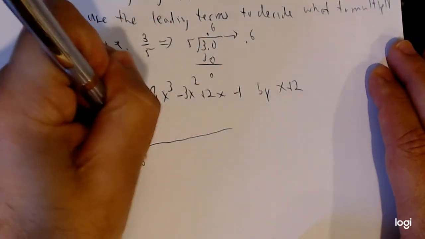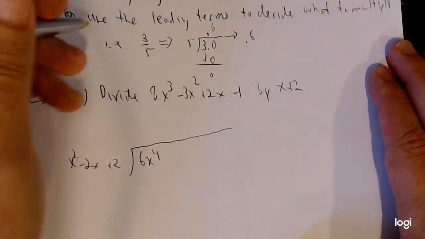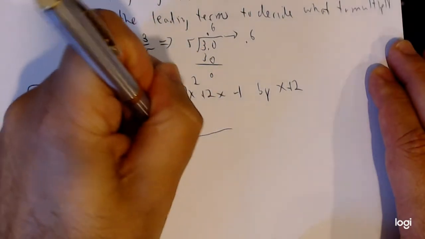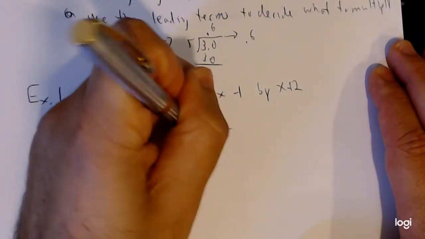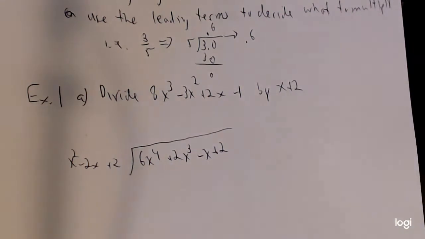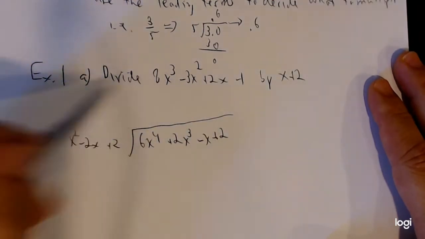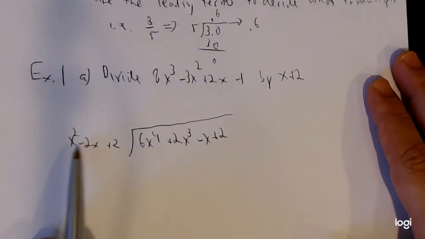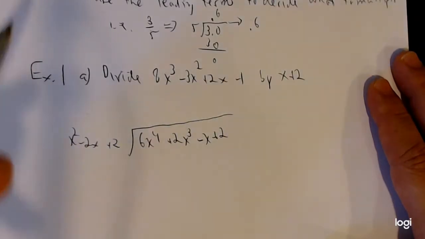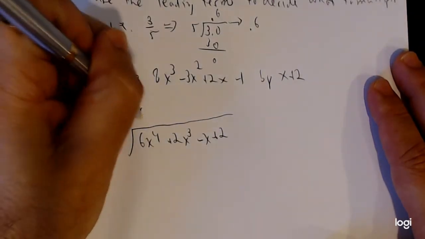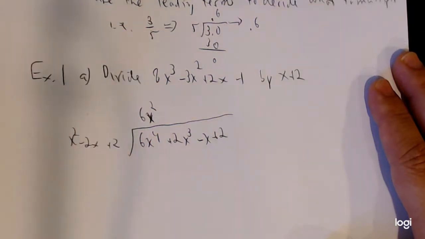So this will be 6x to the 4th plus 2x cubed minus x plus 2. Okay? So with that said, now we're going to take the leading terms and say, okay, what do I need to multiply to this x squared to get 6x to the 4th? We're going to need to multiply by 6x squared.